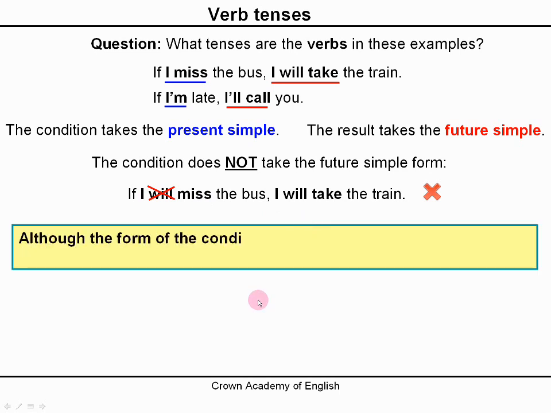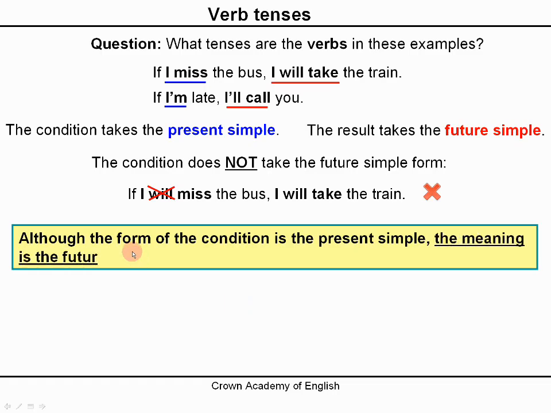And very important, as we have seen, the form of the condition is the present simple. I miss, I'm late. However, the meaning is the future. So this is very important. The condition here, if I miss the bus, we are using the present simple, but we are referring to the future.